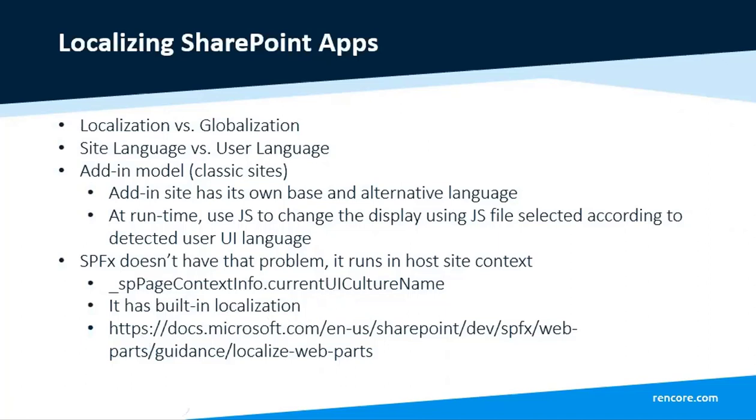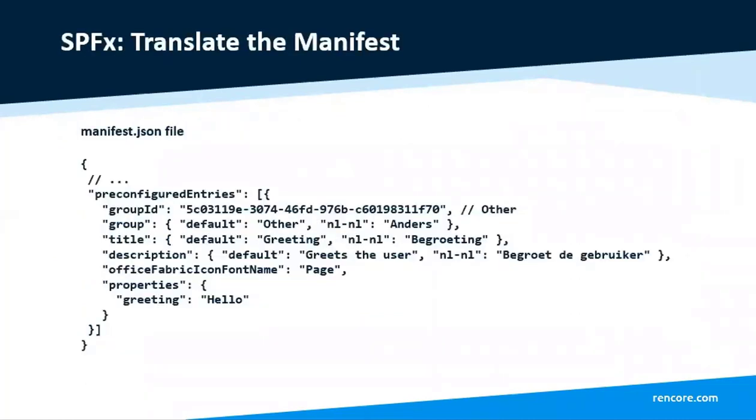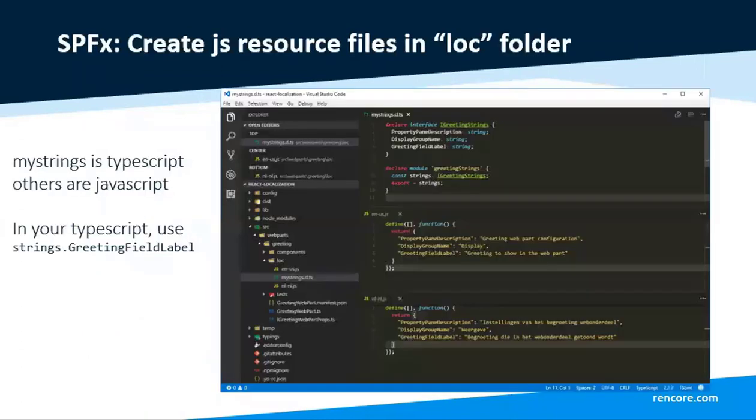It's got a very good method of doing it. I'm not going to go through the code, but you can translate the manifest, and within the application itself, you can create some labels. You can create multiple files that are similar to resource files that will give you the value of strings in different languages, and use that within your code. That's going to respond to the user's language, not the site language.